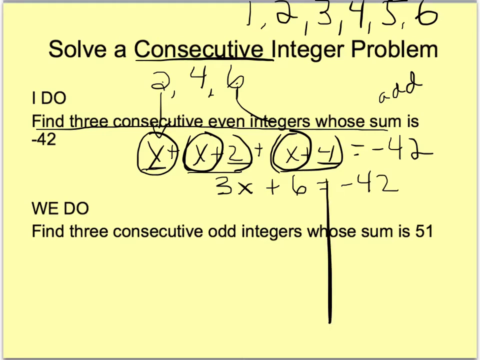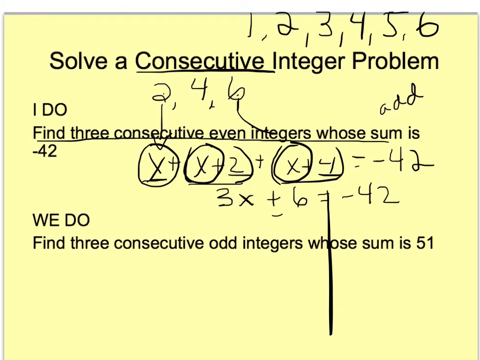Okay, so now let's go ahead and solve for x. I'm going to subtract 6 from both sides. This becomes 0. 3x I'm going to bring down is equal to negative 48. And divide by 3 on both sides.